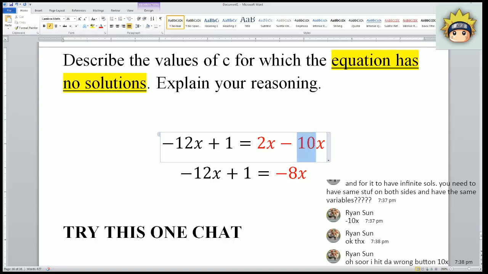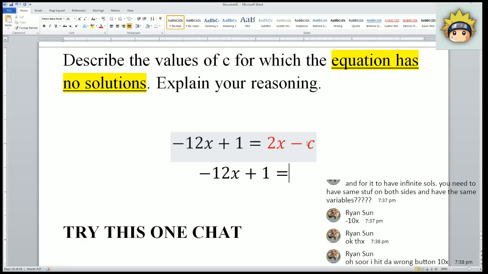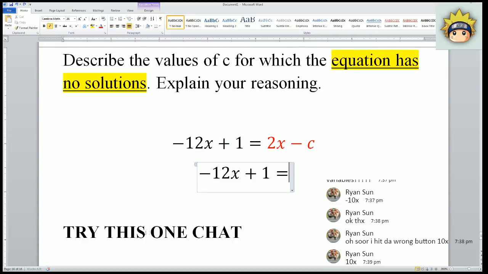What do I put in here for C? What should it be for C? It should be negative 14x.